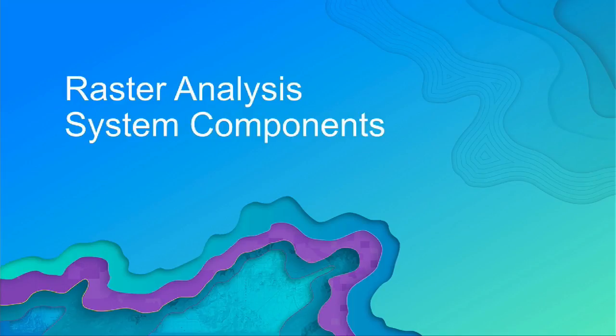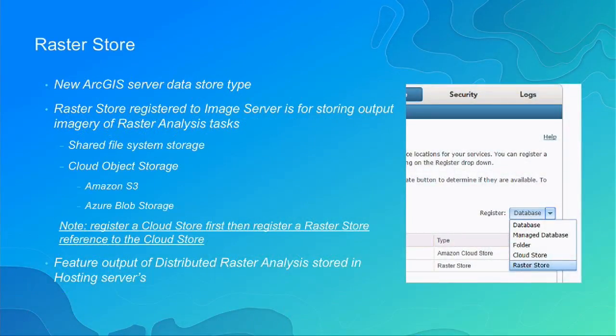Next, I'm going to cover the key components of an image server with raster analysis capabilities. Again, as I mentioned earlier, Raster Store is a very important concept to support raster analysis.